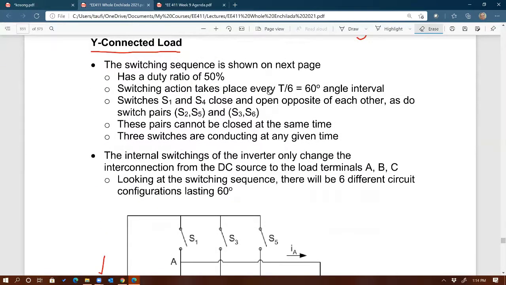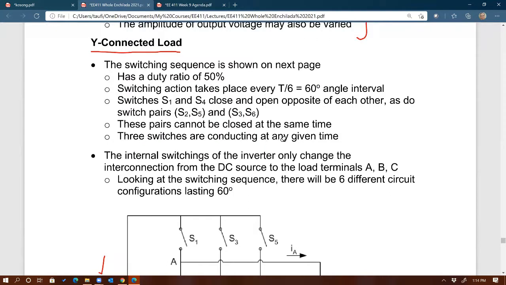Switching action takes place every 60 degrees, meaning something happens at every 60 degrees while you change the state of the circuit, right? So 360 degrees is the full cycle. 360 divided by 60, that's 6. So you're going to have 6 different states of the circuit, right? If you are using this technique.